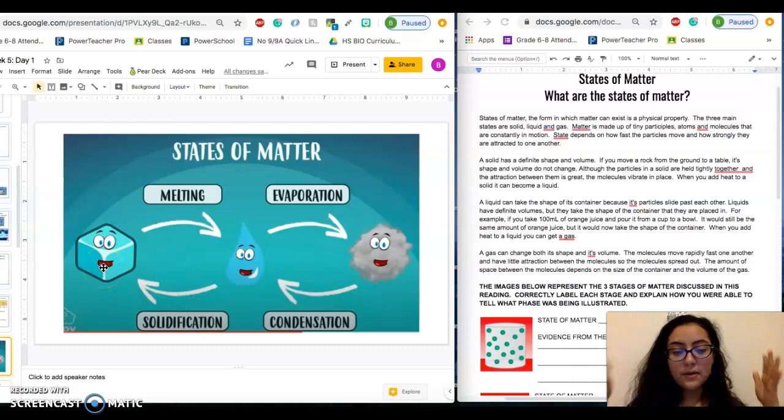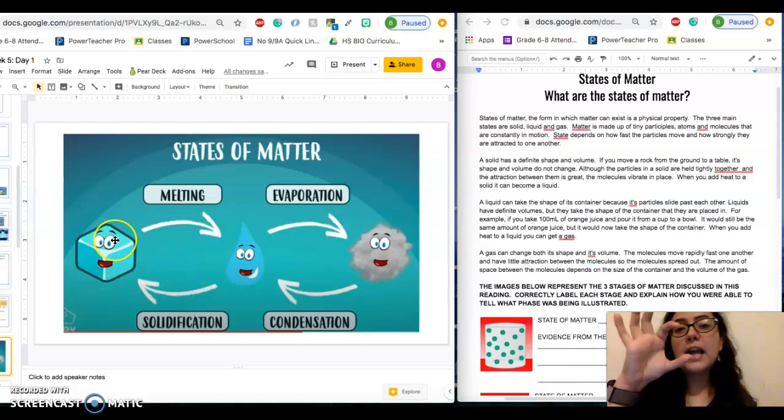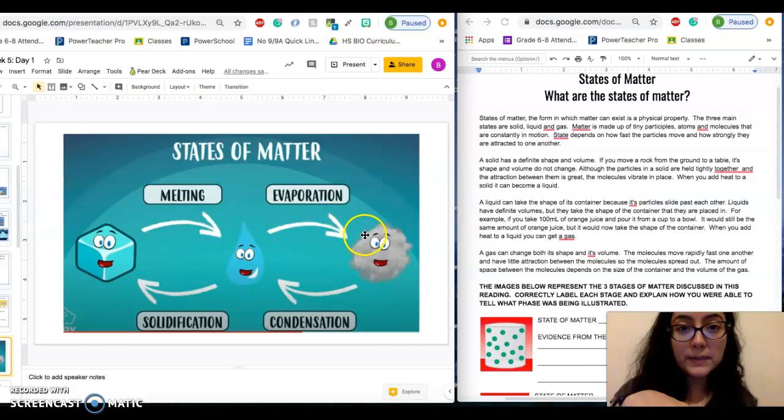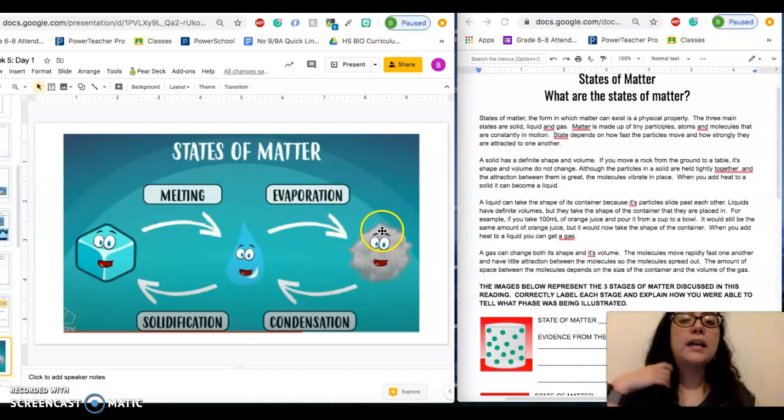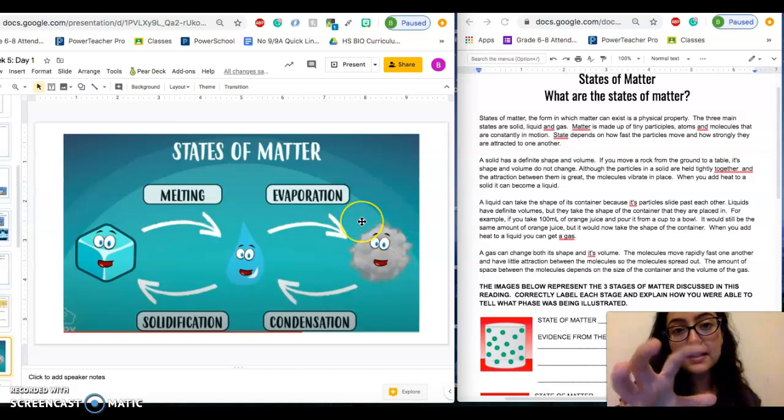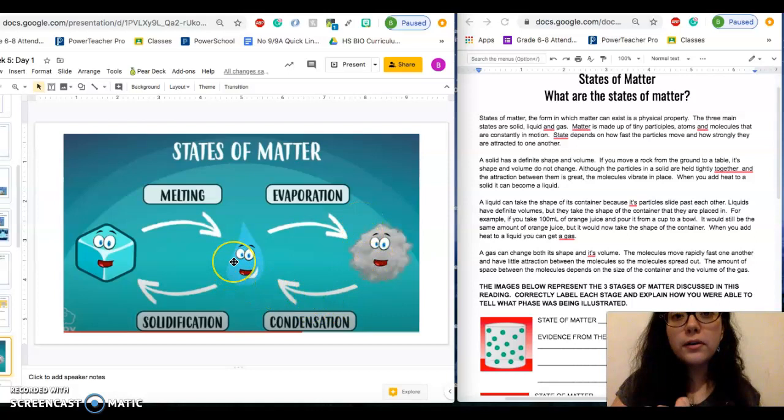So let's just recap. I get an ice cube, I melt it into liquid, and if I keep adding heat, that liquid is going to evaporate into a gas. And if I cool that gas, the water vapor, down, it's going to form water again.